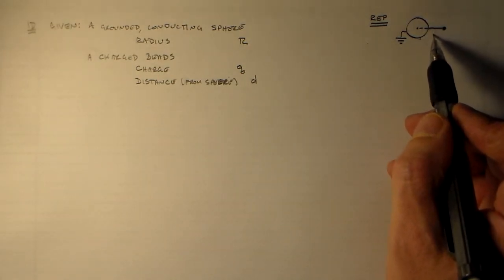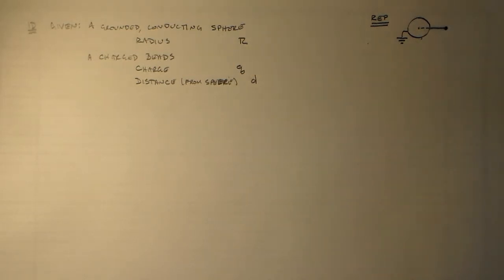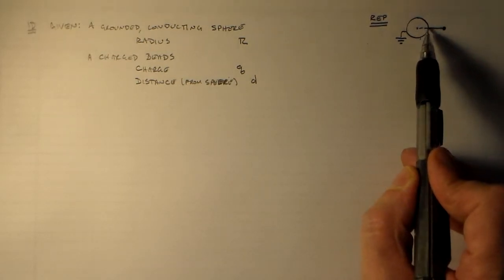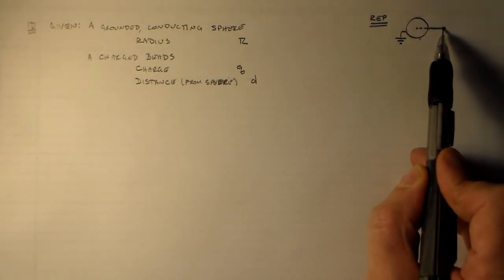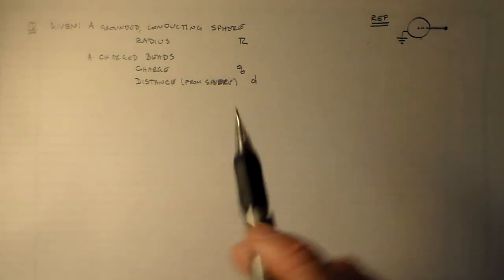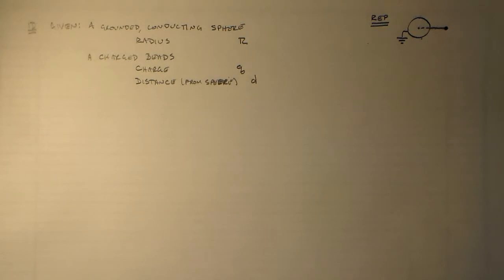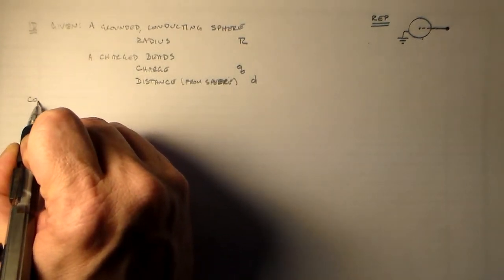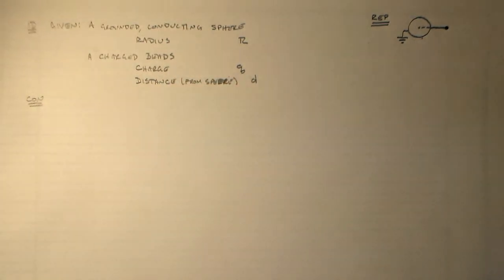So that's more or less what that distance is. The distance d is here, the distance r is here. So from the center of the sphere to the charged bead is r plus d. That's something we're going to have to use. We're also going to have to use Gauss's law later.